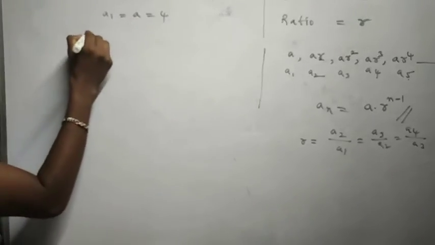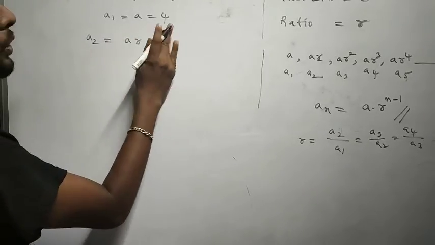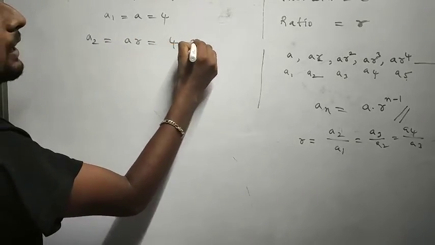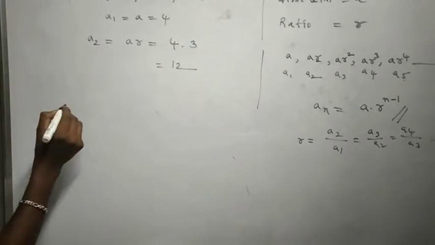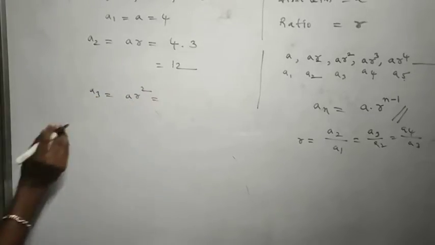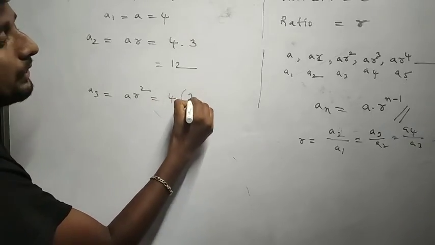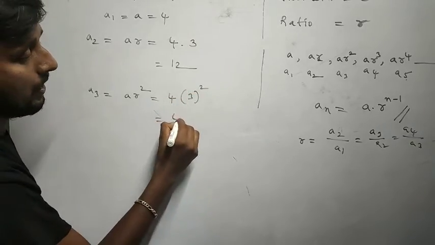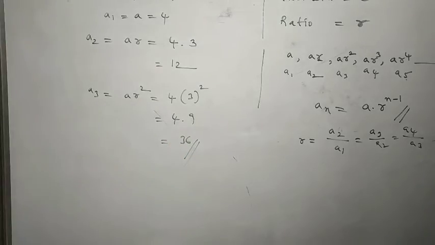A2 is AR, with A value 4 and R value 3, 4 threes are 12. Next, the third term A3 is AR square, with A value 4 and 3 square, 4 into 9, answer 36. So that is the way of solving with a GP.